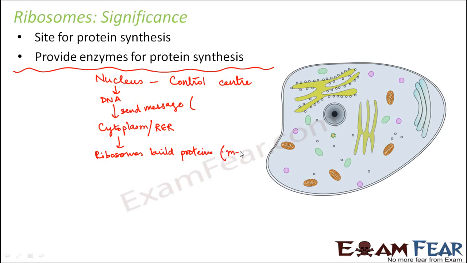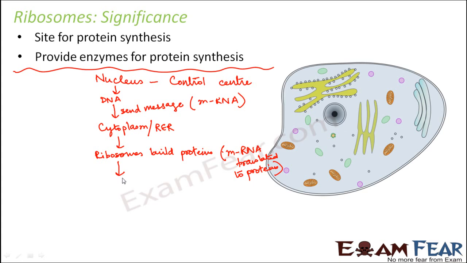They make use of the messenger RNA, which was sent in the form of information. The messenger RNA gets translated into proteins. Here the process of translation takes place, and these proteins are formed in the rough endoplasmic reticulum.